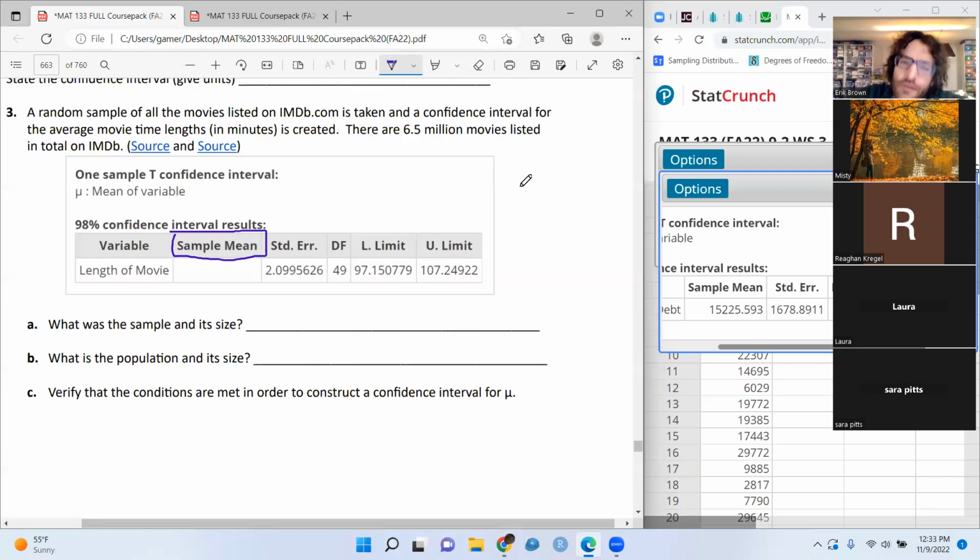Anyone know how to find the sample mean from the confidence interval? Let me speak in more general terms. Does anyone know how to find the point estimate from the confidence interval?